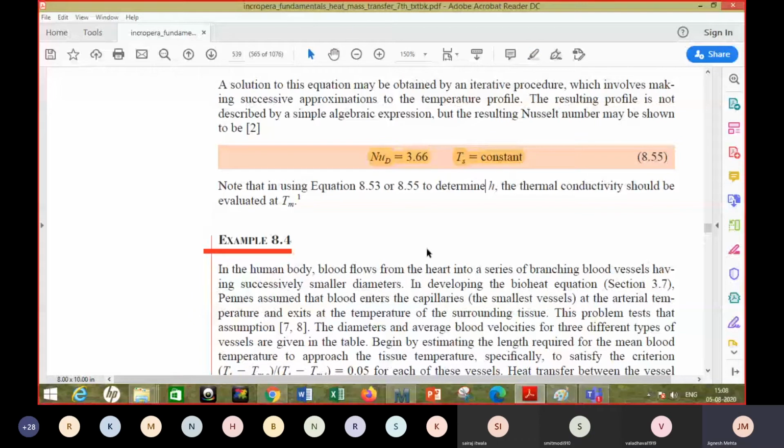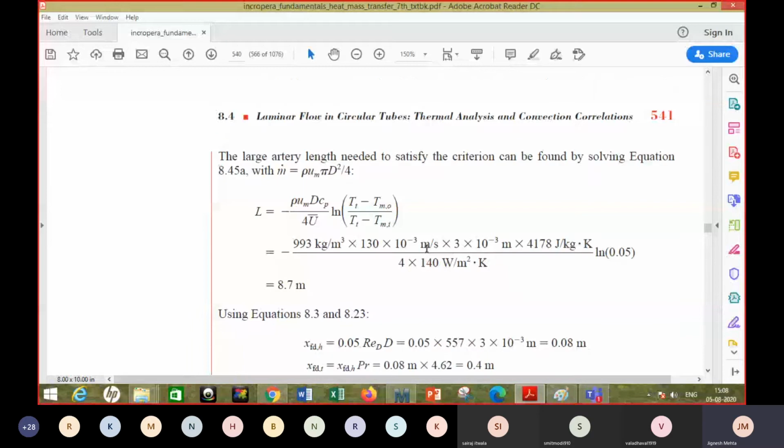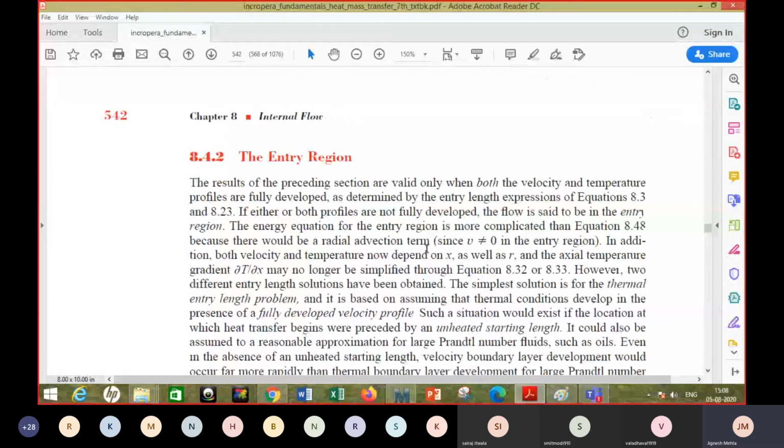Now what about the turbulent flow? In case of turbulent flow, of course, it's very difficult to do the analysis, or at least for the constant heat flux boundary condition with the required simplifying assumptions, you could find the correlation for Nusselt number, as well as for the constant surface temperature boundary condition.